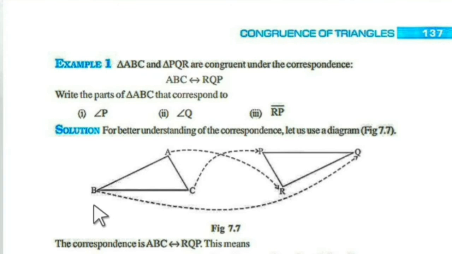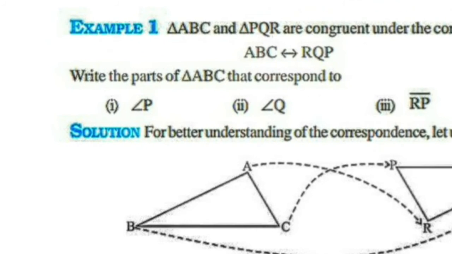See example 1. Triangle ABC and triangle PQR are congruent under the correspondence ABC congruent to RPQ. Write the parts of triangle ABC that correspond to PQ, angle Q and RP. Here there is a printing mistake, it should be PQ. For better understanding of the correspondence, let us see the diagram.